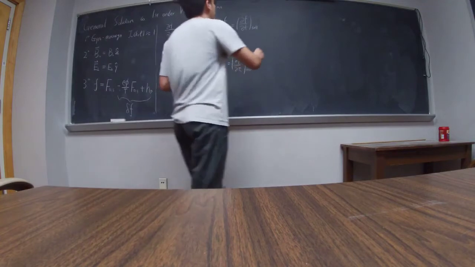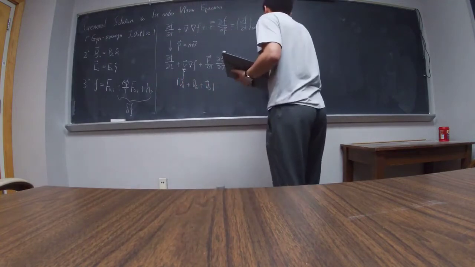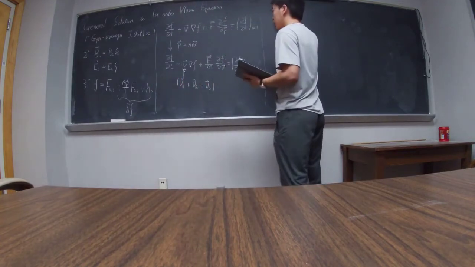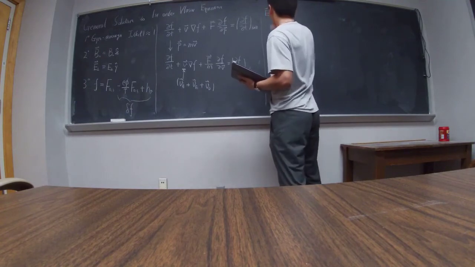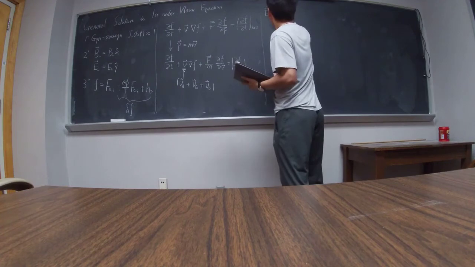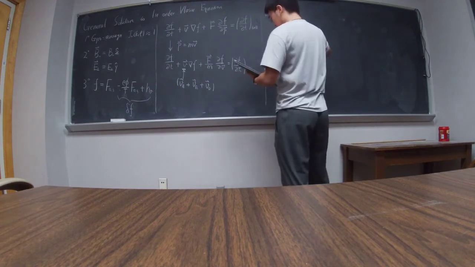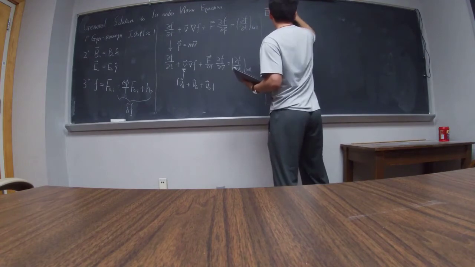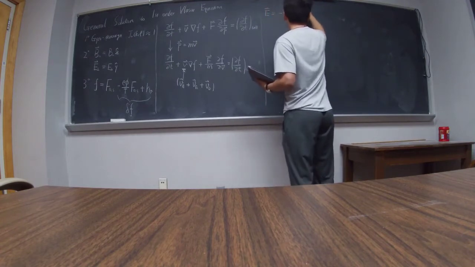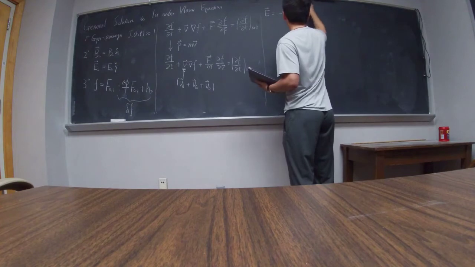So first, let's study the electric field. Oh, shoot. The electric field can be expressed as negative del phi minus del A over del t.